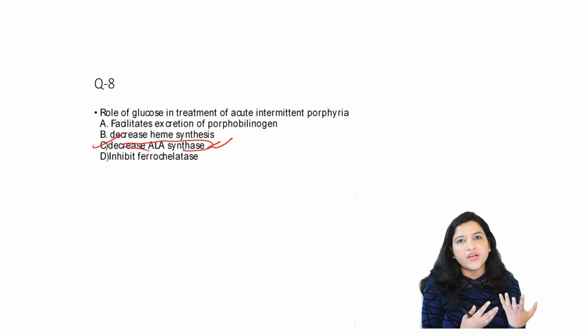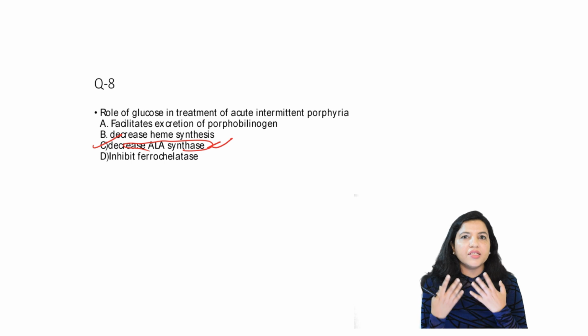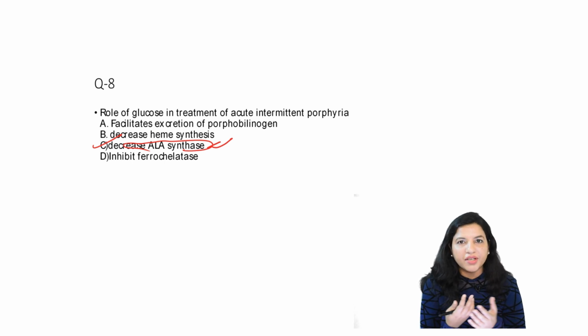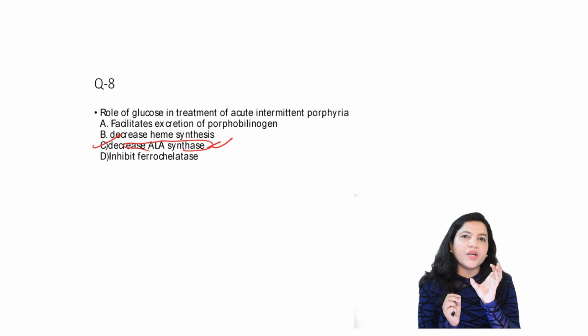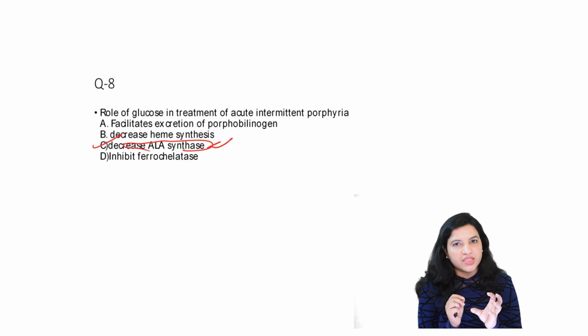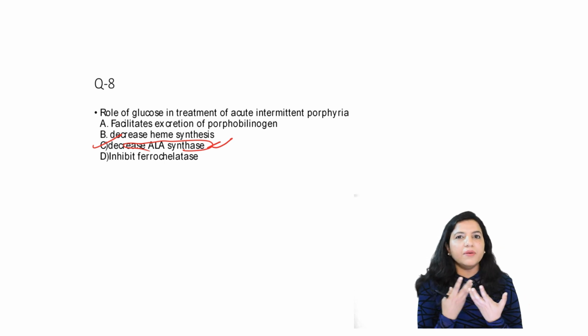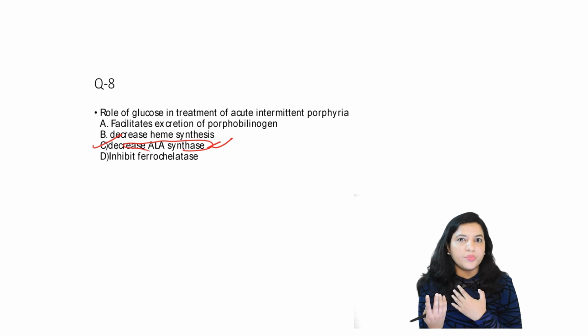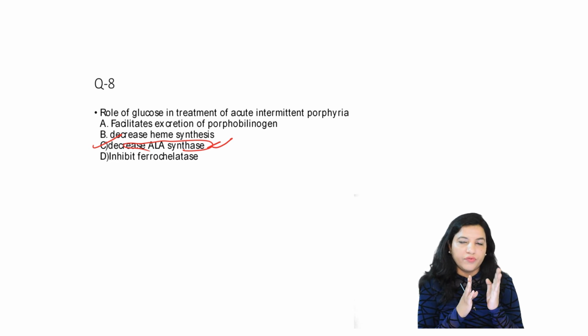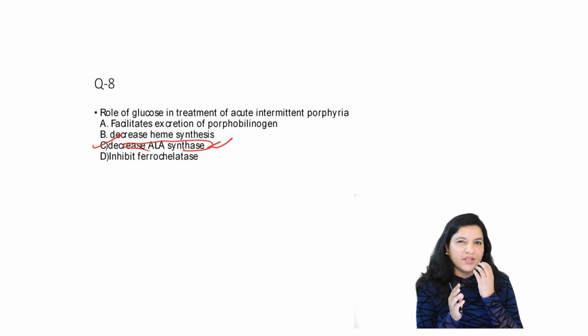Why? Because the glucose metabolite is repressing ALA synthase, which is decreasing heme synthesis, which has other effects, but still they compensate for each other. In a diabetic patient who is also porphyric, the symptoms will very rarely appear.